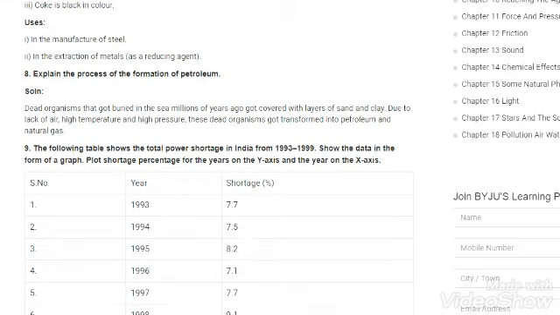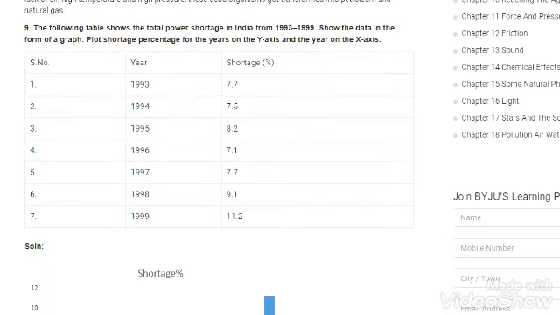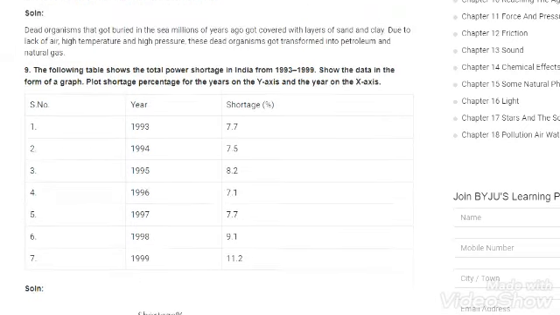Then ninth one, there is a table which shows the total power shortage in India from 1993 to 1999. Show the data in the form of a graph. Plot shortage percentage on the y-axis and year on the x-axis. So we can plot one graph.